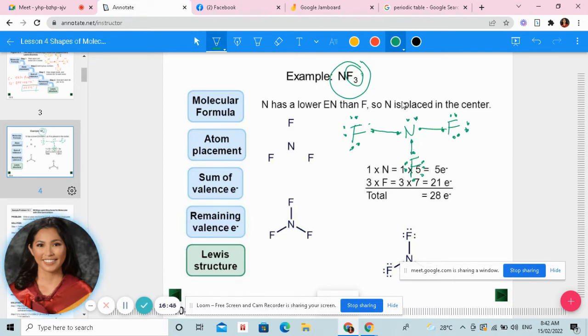Okay, so let's check if this is correct. What is the valence electrons of nitrogen? We have 5 times 1 because we only have one atom. Now, 5. Then what about fluorine? We have 3 fluorine atoms which have valence electrons of 7. That is 21. Then we have 28. So let's count if you have 28 electrons.